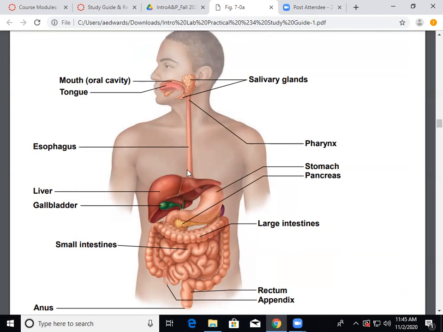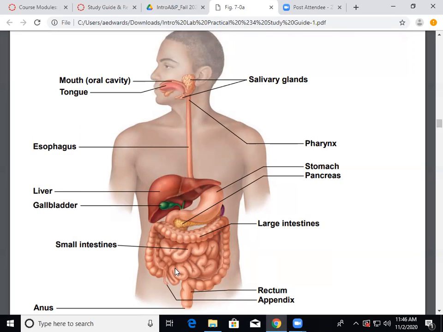It curves around and goes into the stomach. Food from the stomach is then going to enter the small intestines. Even though they're really long, they're small because they're not as wide as the large intestines. They travel around, and a lot of food gets absorbed into your cardiovascular system there.